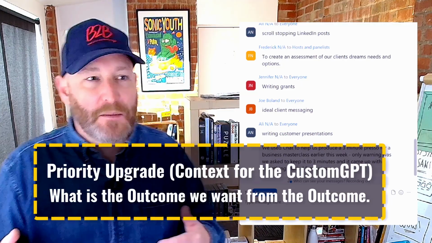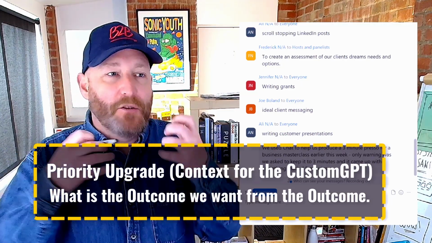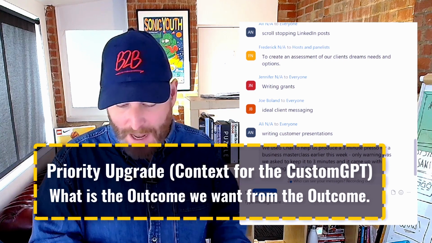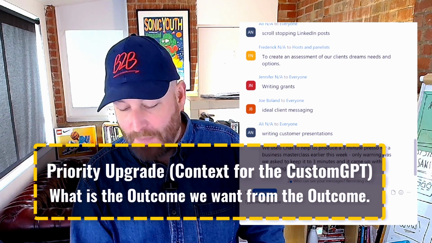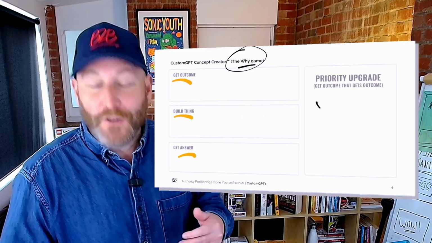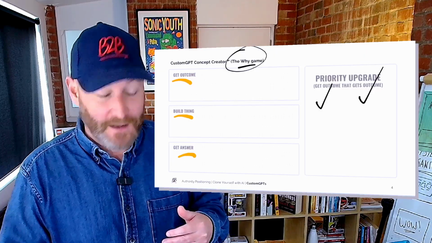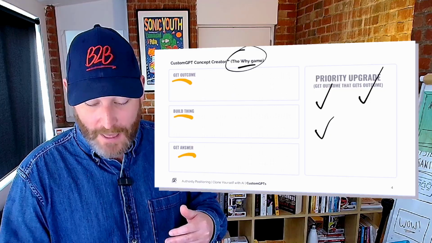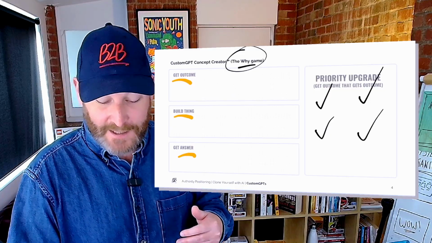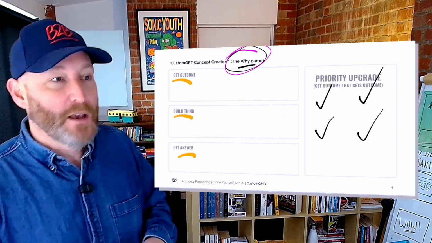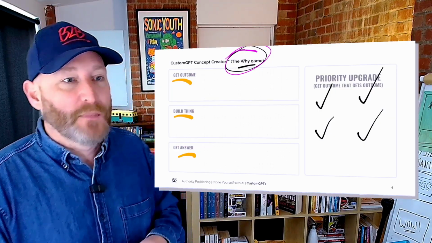So for example, it might be, we want a grant writing custom GPT to use as a lead magnet. It's an outcome that gets outcome. You might say, I want to do a blog post that's search engine optimized. I might want to do a LinkedIn article that gets comments. This is indeed the why game as we go deeper. So I hope that you're scribbling.